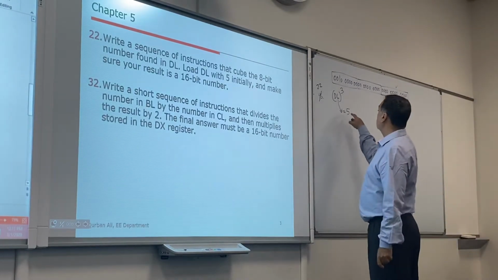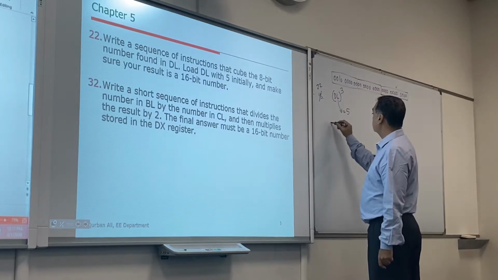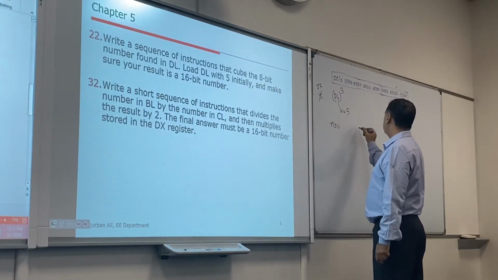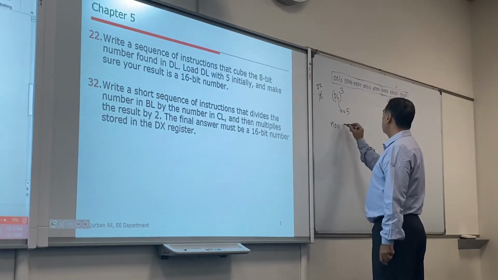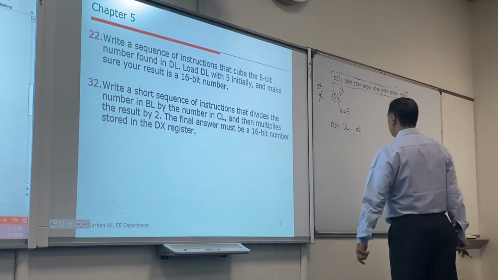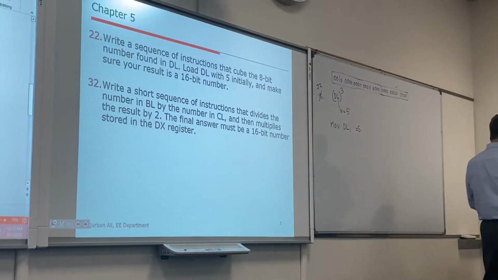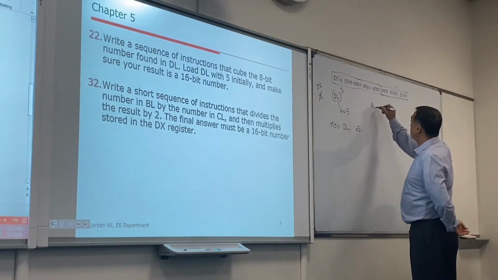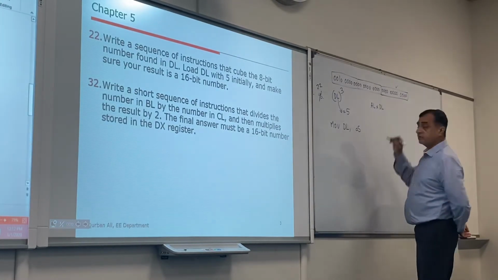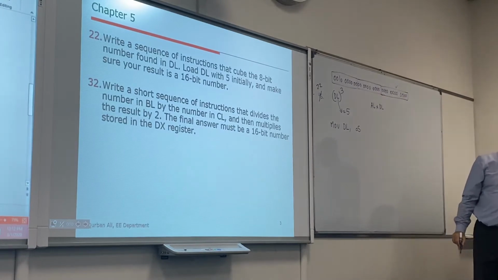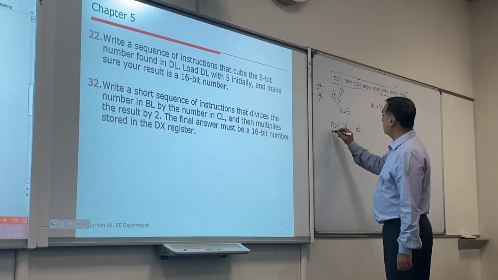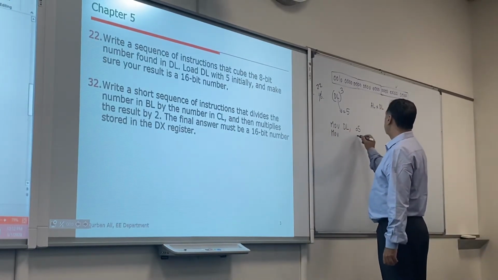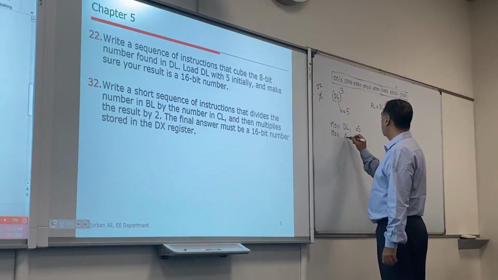Okay, so first we will move 5 to DL. First we will do the first multiplication, which is the square, right? How do we do the square? AL multiplied by DL, and both have to be the same size, right? So we will say here move DL to AL.